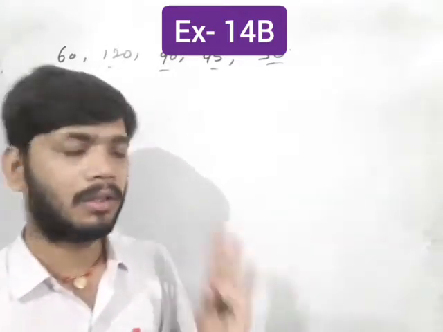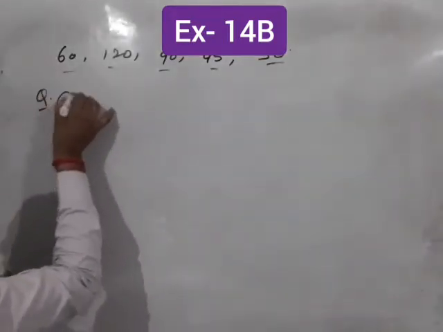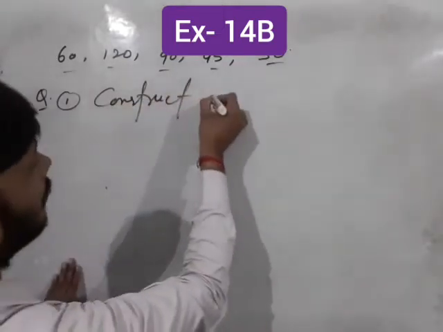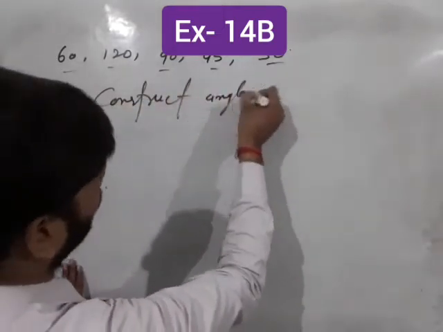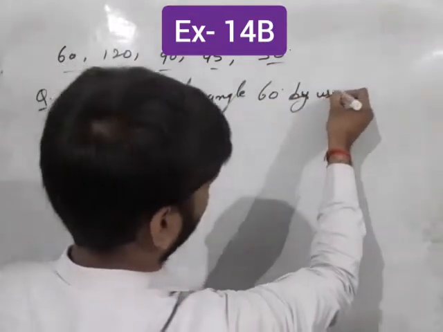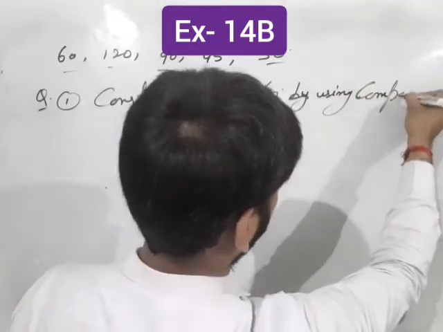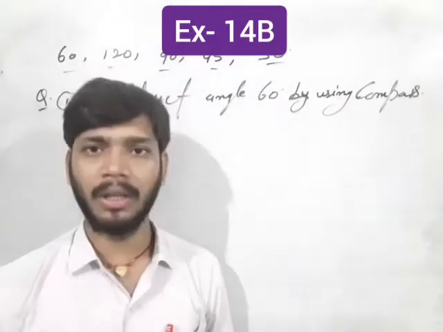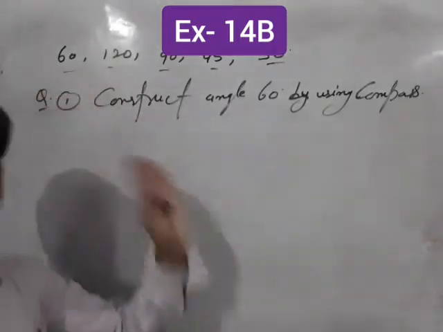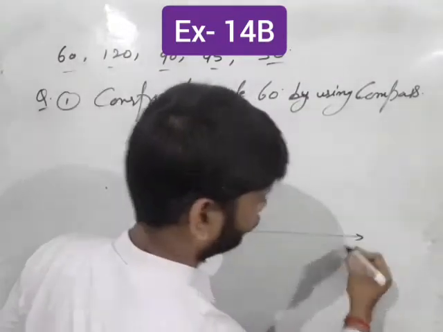Here, first construct an angle of 60 degree by using a pair of compass. So students, for making an angle of 60 degree, first of all draw a ray.